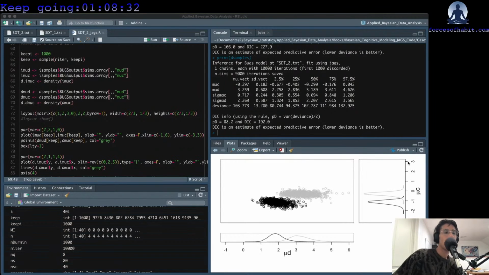Okay. So here are the distributions, and this is the joint posterior distribution for the two averages for bias and discriminability. And you can see, let's see, what can you see?